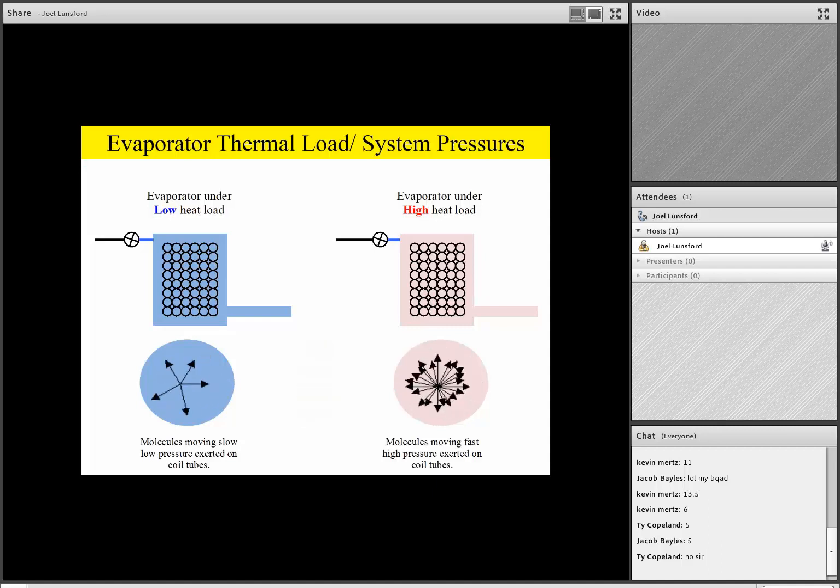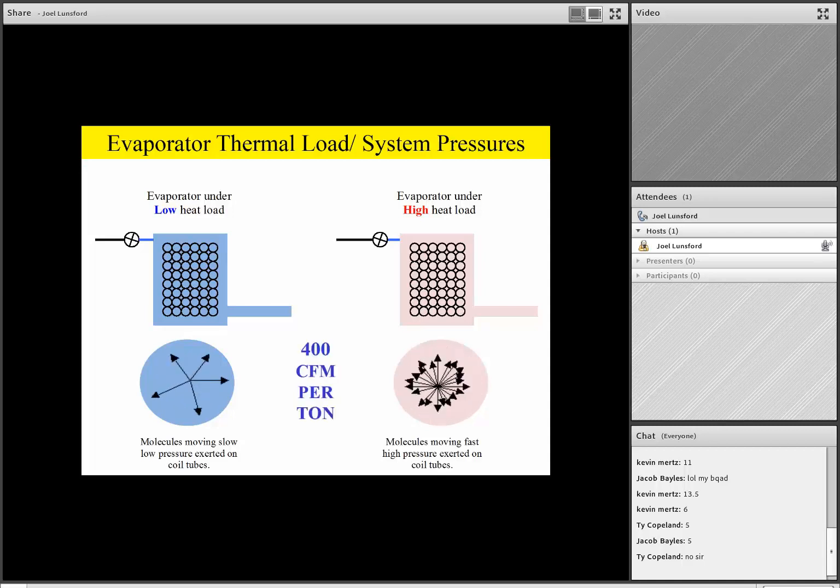Now, it should be noted the evaporator is what drives the pressures in the system. If the evaporator is at a low temperature and it's absorbing very little heat, the pressures in the system will be low. If we have a lot of heat energy on the evaporator, the temperatures and the pressures will be high in the system.